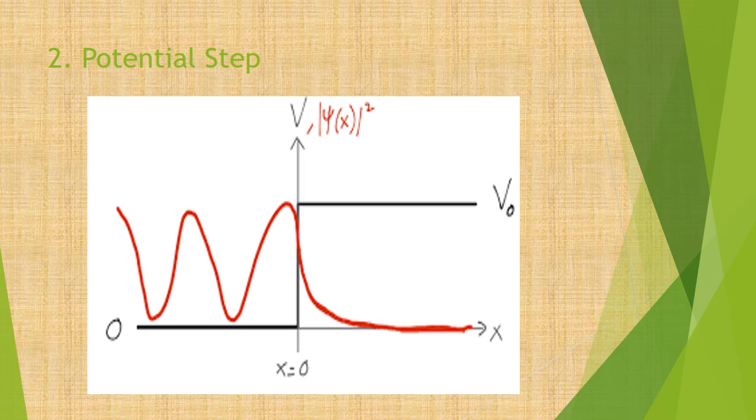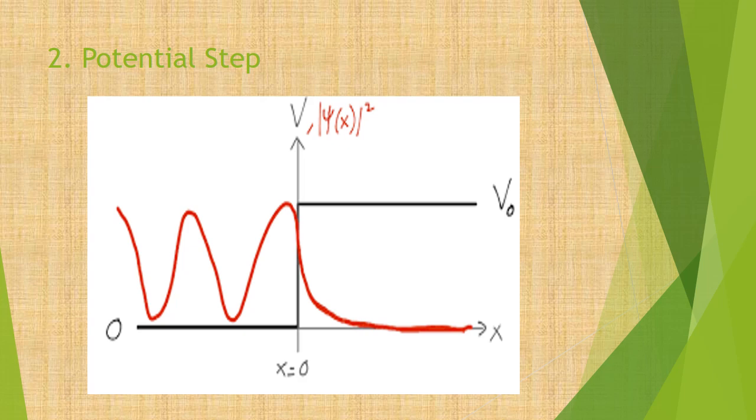In case 1, E greater than V naught, P2 is equal to root of 2m into E minus V naught, which is real. So here reflectance R is equal to P1 minus P2 whole square divided by P1 plus P2 whole square, and transmittance will be 4 P1 P2 divided by P1 plus P2 whole square.